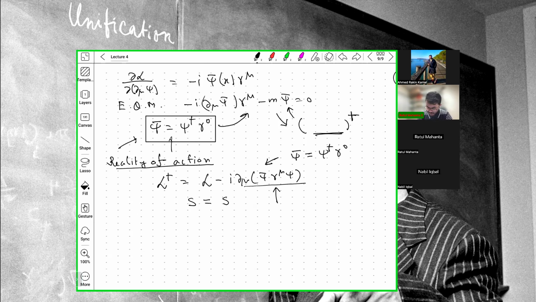For example, you can write this gamma mu psi plus psi bar gamma mu del mu psi without costing any minus, because it is space-time derivatives, not with respect to Grassmann variables.